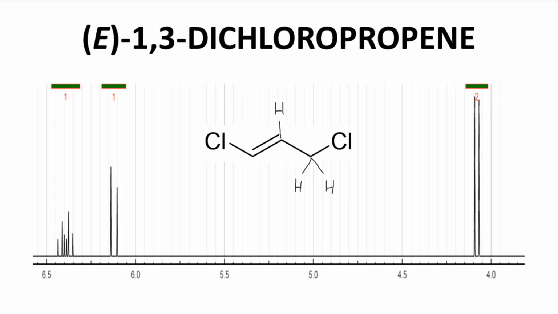Looks good. The CH on the left also has one neighbor. It is a doublet and appears around 6.1 or 6.2 ppm. The middle CH has three neighbors. It appears at maybe 6.4 ppm, and what is this thing? Well, let's try to figure that out.